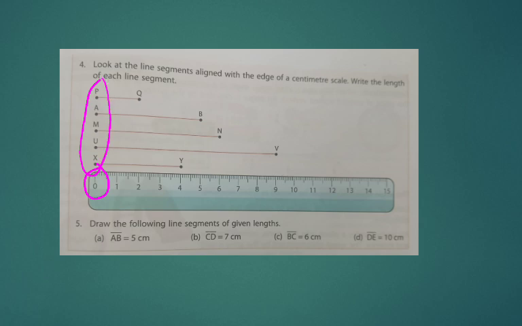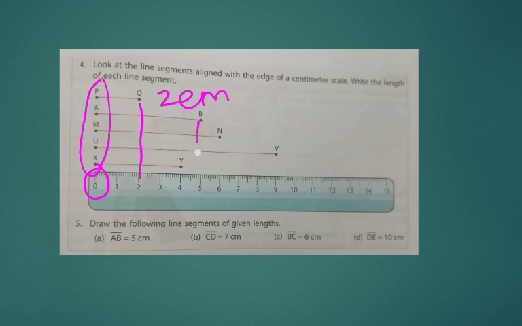All these are initial positions. Now you are going to measure this by means of a scale. So what does PQ represent? How to measure PQ? You draw the line like this. What does it represent? 2. Therefore PQ is 2 centimeter.